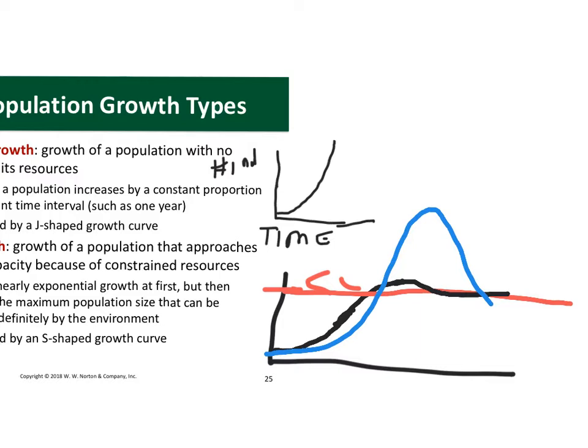There are more deaths or emigration away from the population than the individuals that can actually be supported. So as long as the population is growing, the growth rate is positive. If it's stable, at a certain point, the population growth rate is 0, and if it's declining, it's negative.